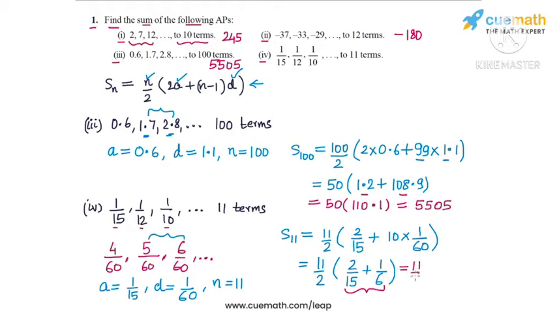So we get 11 by 2 into 9 by 30, and this in the simplest form, if we cancel out the common factor of 3, we get 3 by 10. So 11 into 3 is 33 and 2 into 10 is 20. So we get 33 by 20. So 33 by 20 is the value of S11. So the sum of the AP in the fourth part, for the first 11 terms, is 33 by 20. And with that, all 4 parts of question 1 are done.